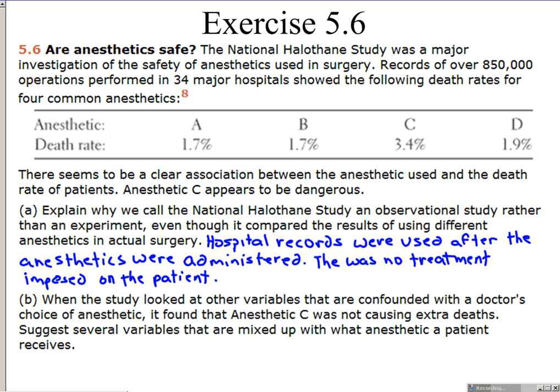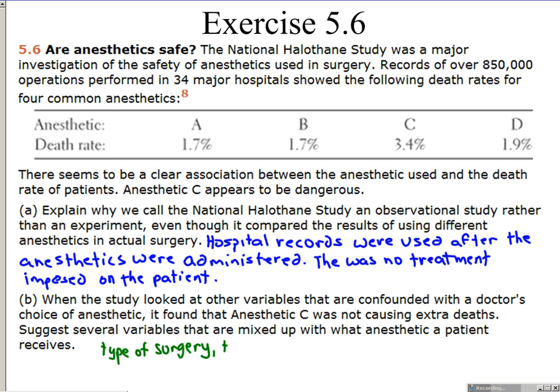When the study looked at other variables that are confounded with a doctor's choice of anesthetic, it found that anesthetic C was not causing extra deaths. Suggest several variables that are mixed up with what anesthetic a patient receives. Well, depending on the type of surgery that they are receiving, that could affect whether they live or die during surgery, which could be confounded then with the type of anesthetic used.